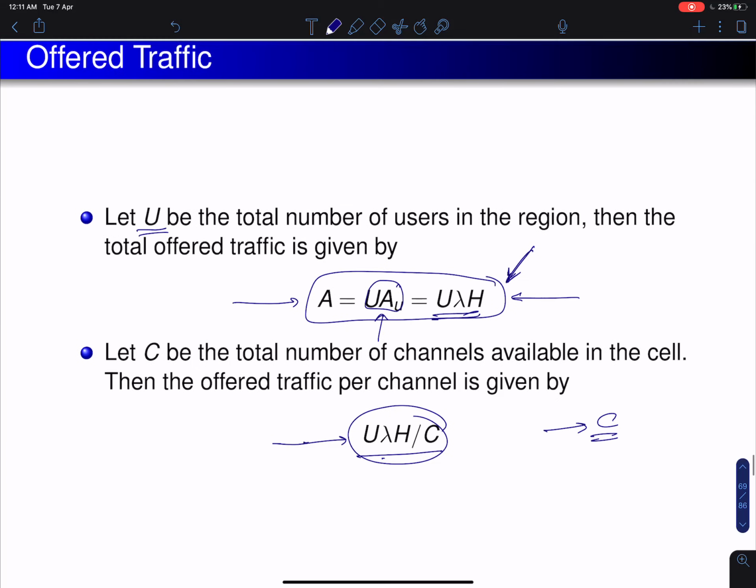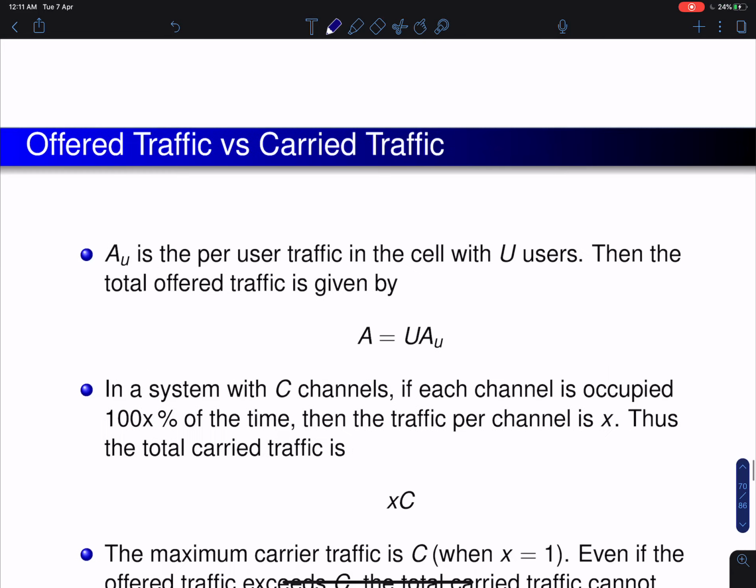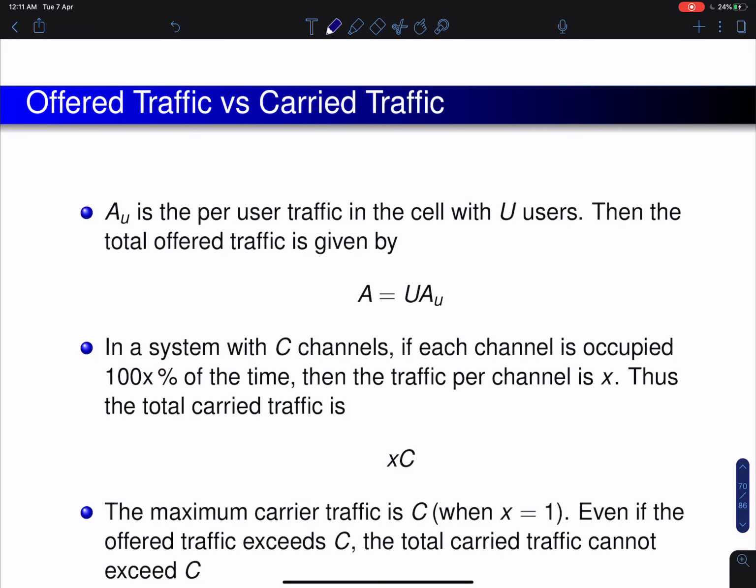Now there is a term called carried traffic. You have C channels, and if each channel is occupied a fraction x of the time, then the traffic per channel is x Erlangs. Since you have C channels, the total traffic for all the channels is x times C. This is called carried traffic.